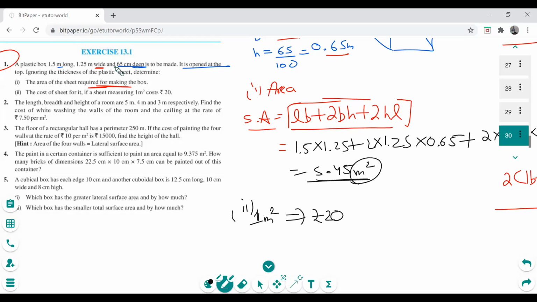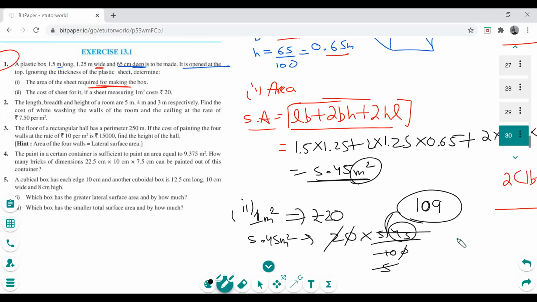Someone says 109, someone says 105. We have 109. When we carry two numbers together, we put a 0, then 9, right? So it's 109 rupees. That's the correct answer for the cost of sheet we need.